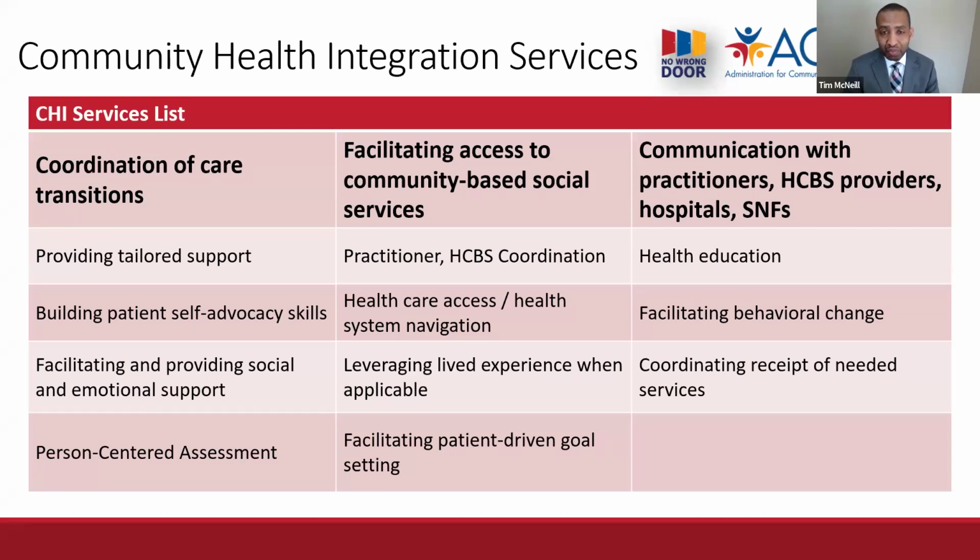So here on the slide are the categories of services that are reimbursable. These are time-based billing codes. So the Part B provider can have auxiliary personnel or contract with a community-based organization that provides the personnel. When there are identified social needs, the social needs must be included in the problem list.